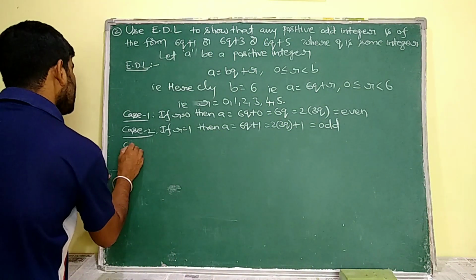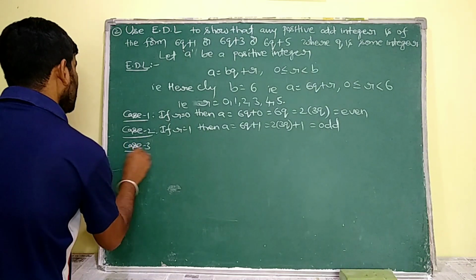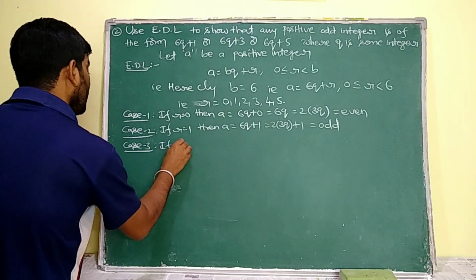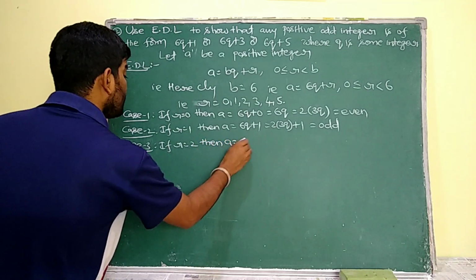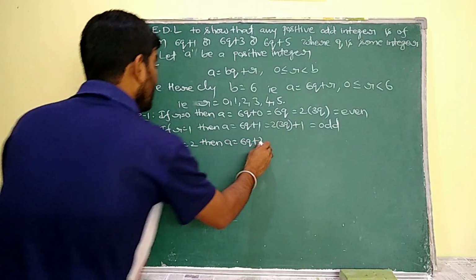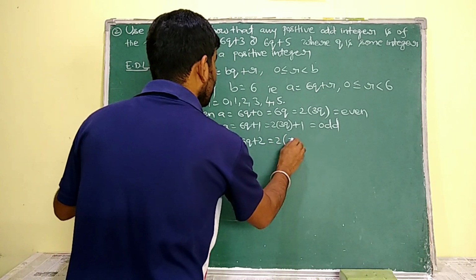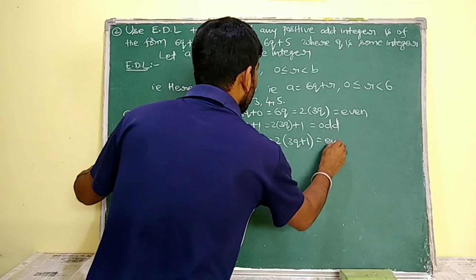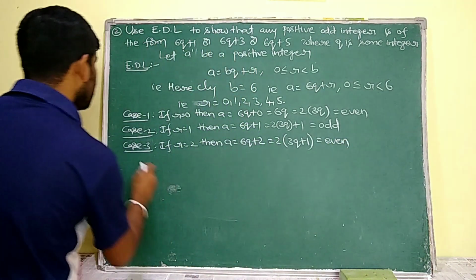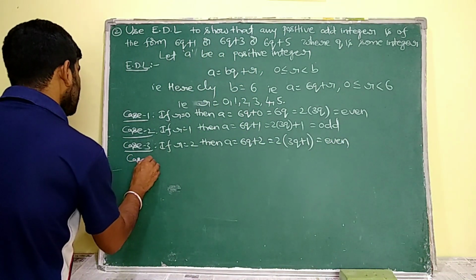Now case 3: if R is equal to 2, then A is equal to 6q plus 2. Take 2 common from the whole term, that is 2 into 3q plus 1, which is even. Now similarly I am going to find all the cases.